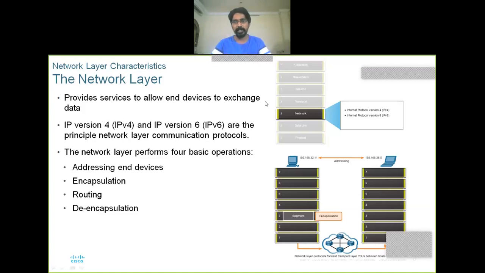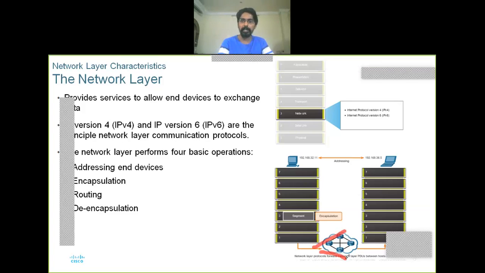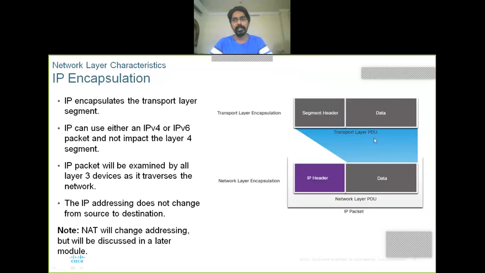The final output is segmented output, and then routing, choosing the best available network path out of multiple network paths, right? Selecting the best available route is called routing. And then at the receiving side, the data which is received is de-encapsulated to get the original data. These are the basic four operations that happen in the network layer.